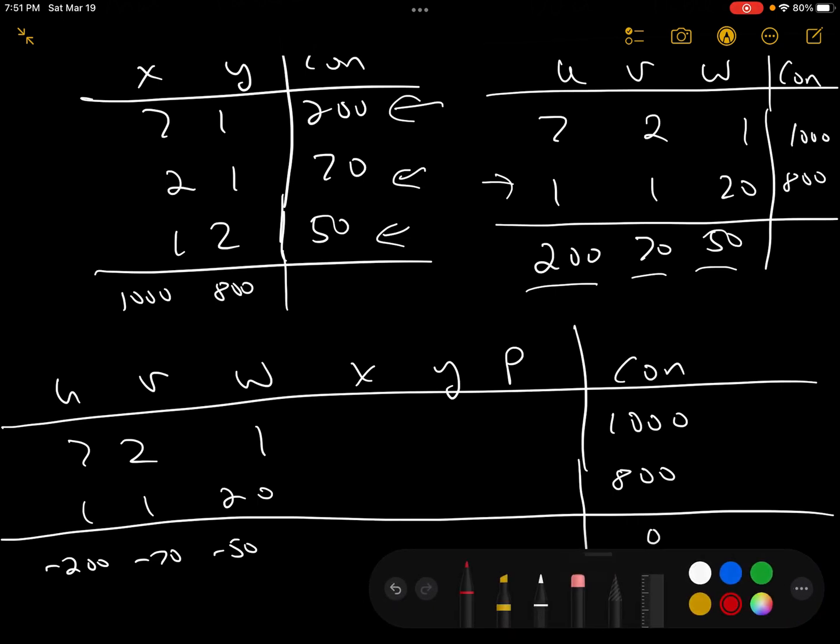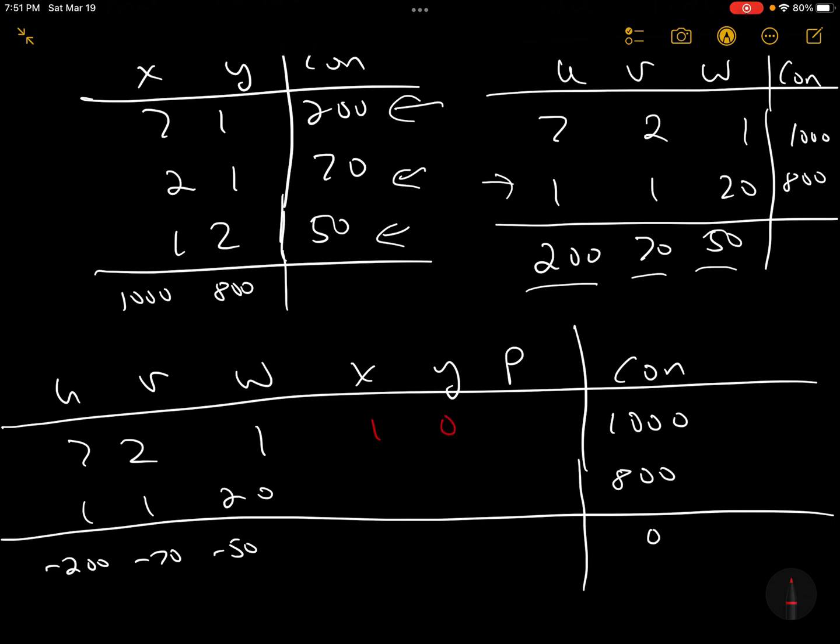And then the piece you have to really understand is that you should have the 3x3 identity matrix on the right here. So there's your initial tableau: 7 2 1 1 0 0 0 1000, 1 1 2 0 1 0 0 800, and minus 200 minus 70 minus 50 0 0 1 0. Okay.